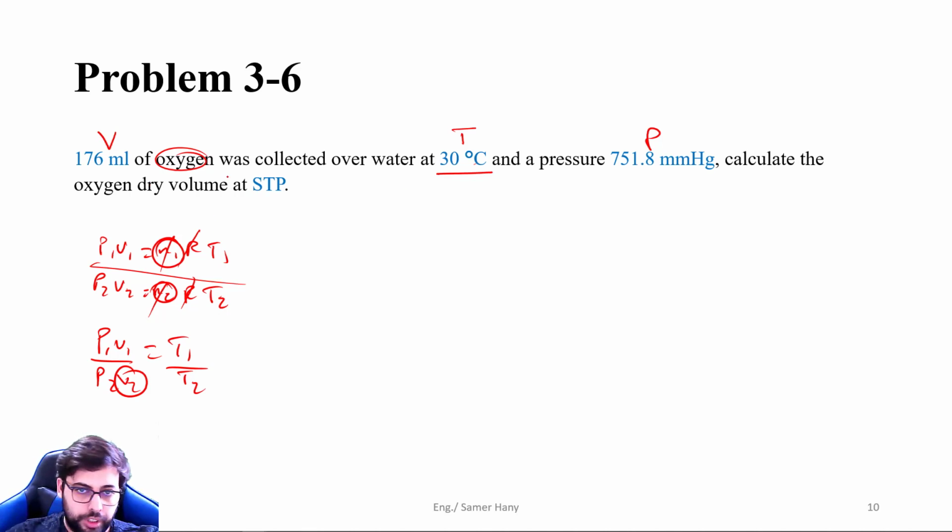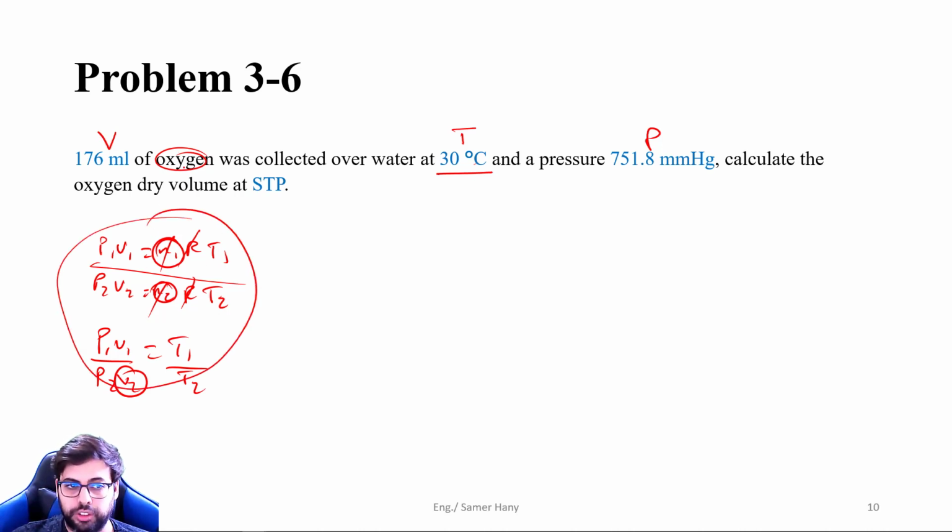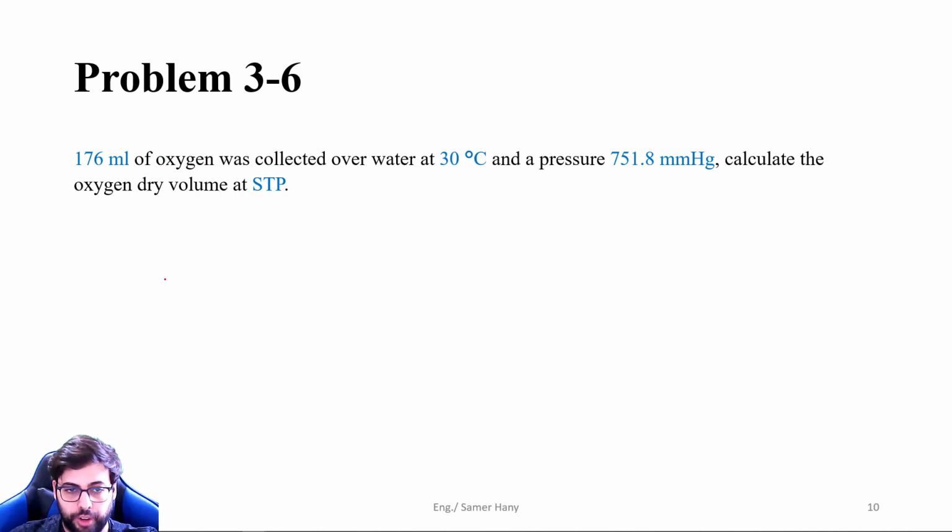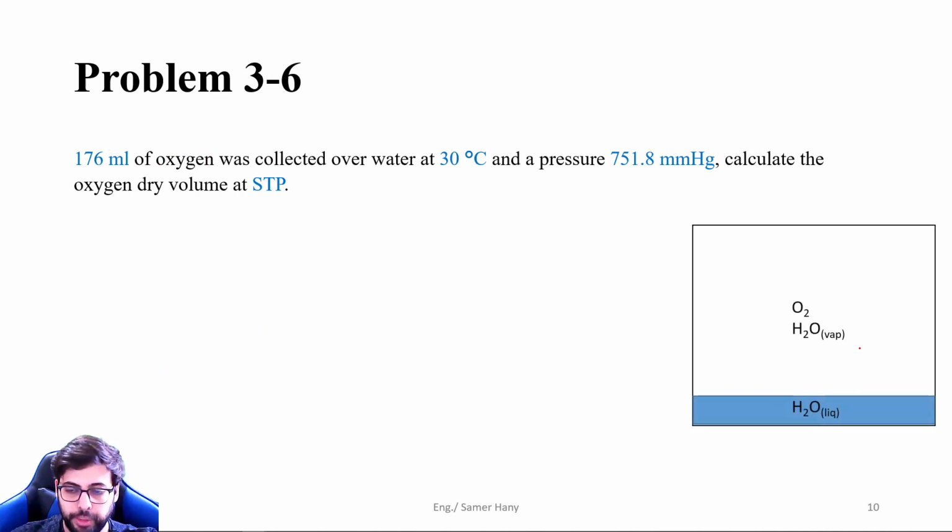So the first step we'll need to do is just separate out the oxygen from the water vapor and do all of our calculations on just the oxygen, not oxygen plus water vapor. Okay, so here's the system.